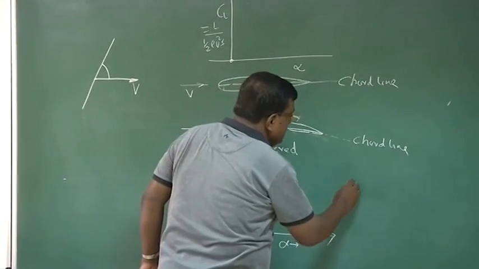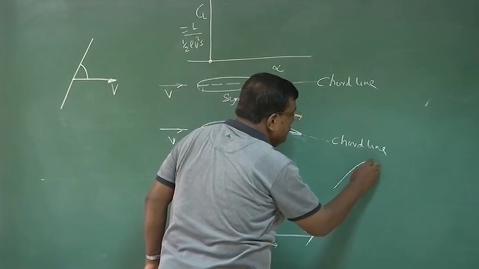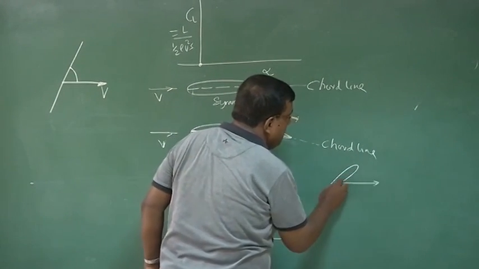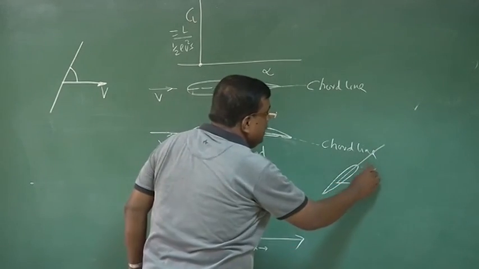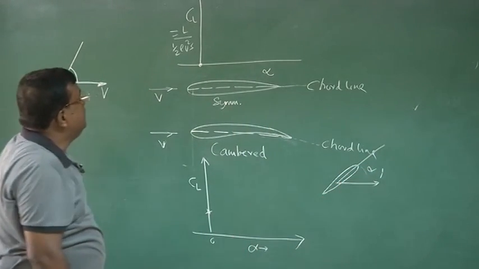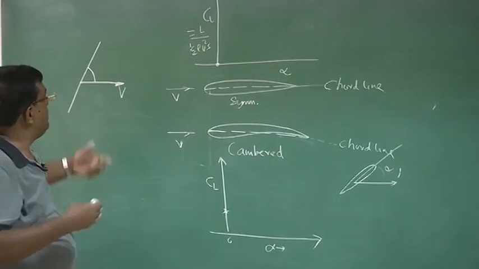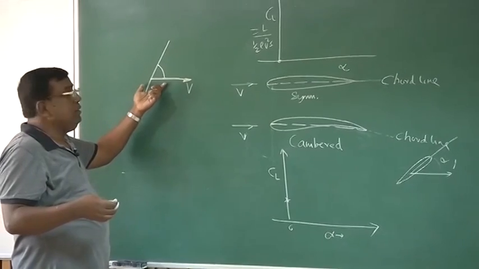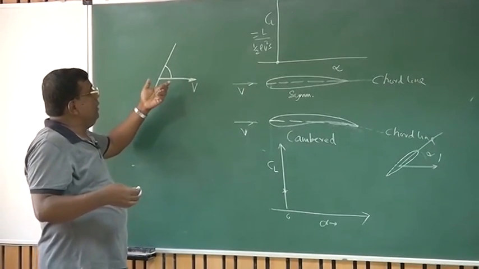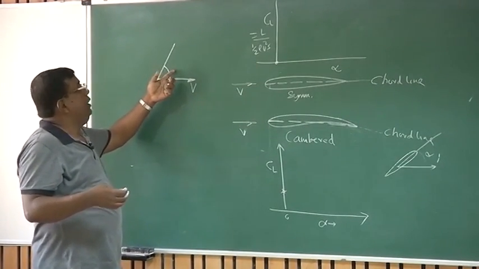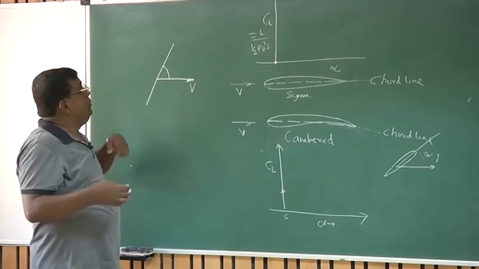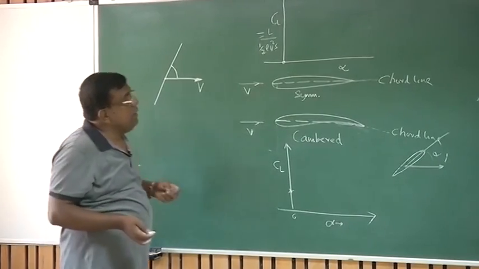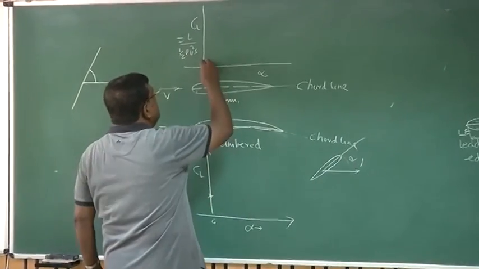As I increase this angle, what will happen? There will be more lift, because from George Cayley's explanation, the lift will be a function of angle for a given area and other conditions. So as I increase the angle, the lift will increase.